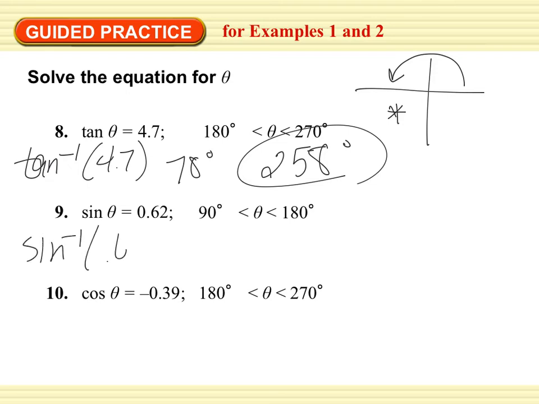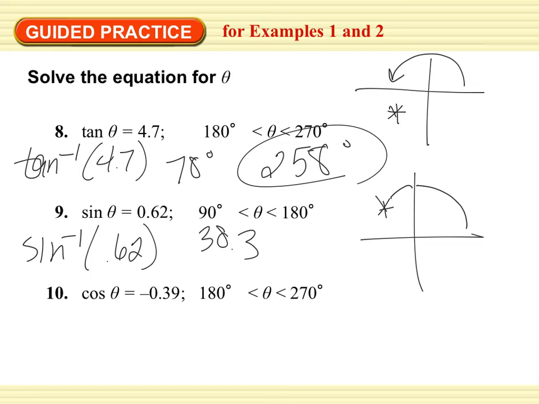Sine -1 of 0.62 is 38.3. Make sure that's in between 90 and 180. So I need to add 90 to that, which gives me... nope. So 90 plus 38. Yeah, that puts me over there. 128, but my reference angle, nope.